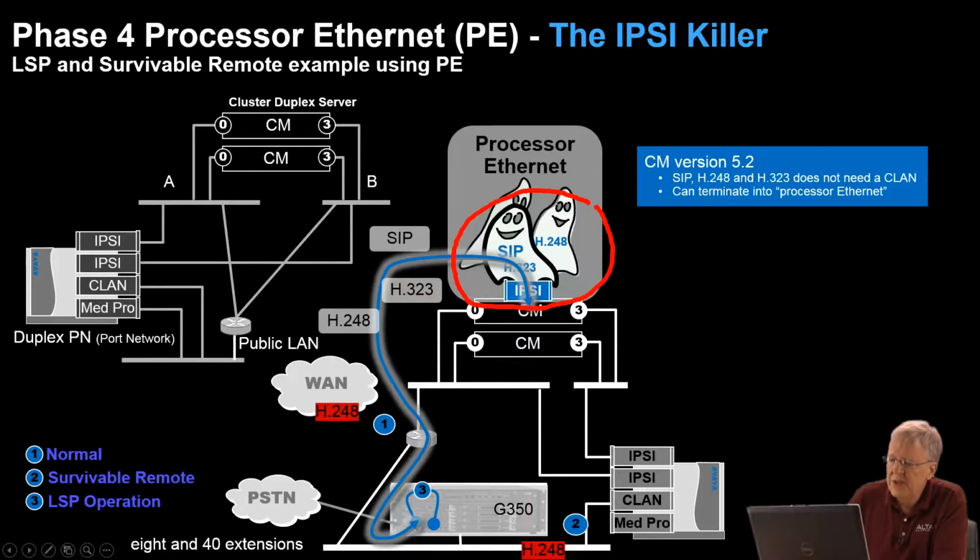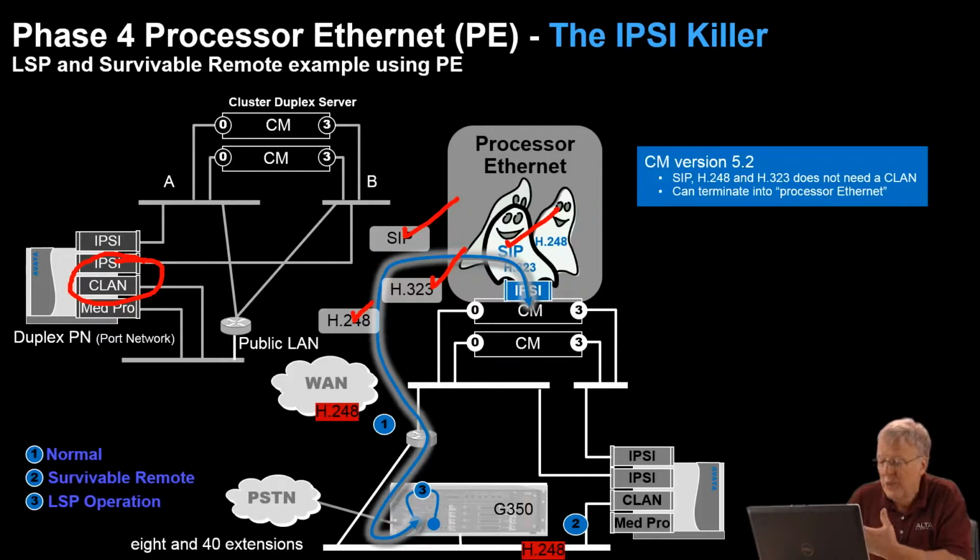Now the Communication Manager server effectively has a virtual IPSI. That means that we can send SIP, H.323, and H.248 directly to the CM. And we don't have to go through the bottlenecks, through the CLAN and IPSI, which remember is like a 1 meg bottleneck. We don't have to do that anymore. We can go directly to processor Ethernet.